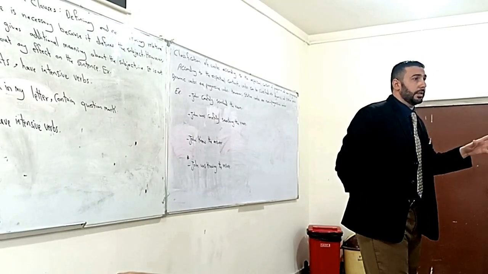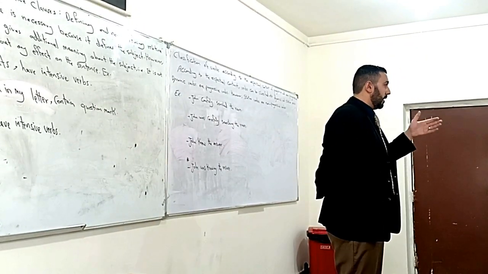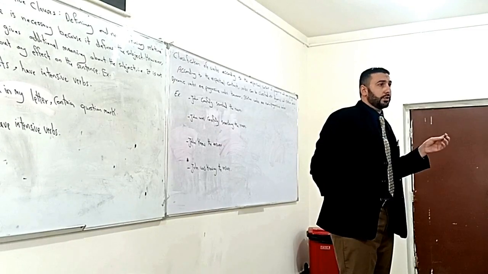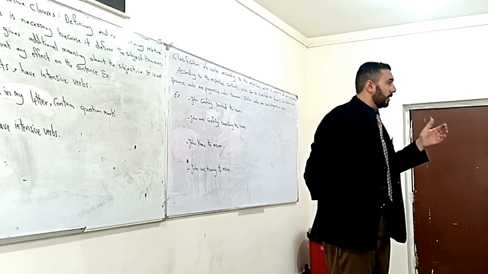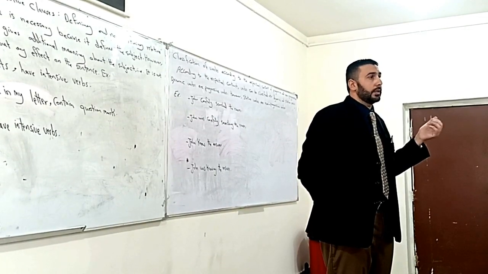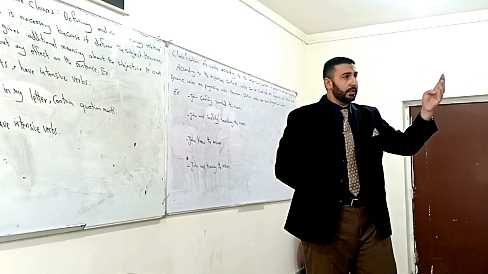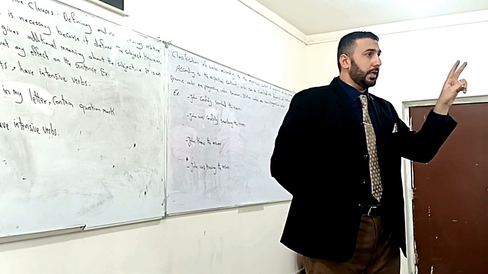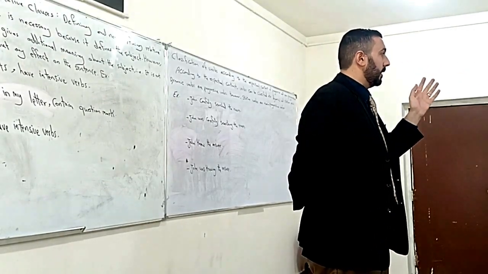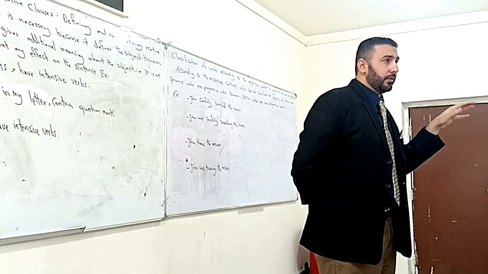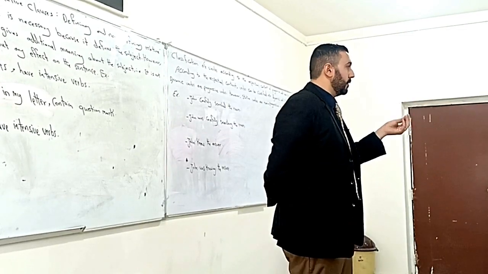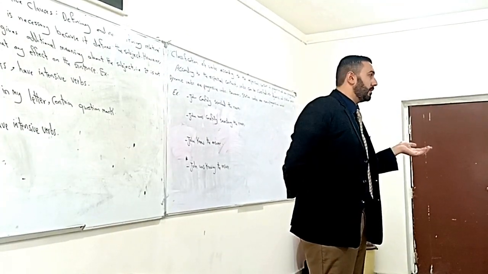Now, who can tell me about the kinds of verbs? There are many different kinds of verbs corresponding closely to the kinds of objects and complements. So now we have four kinds: two kinds of objects and two kinds of complements. So these verbs correspond to these kinds of objects and complements.